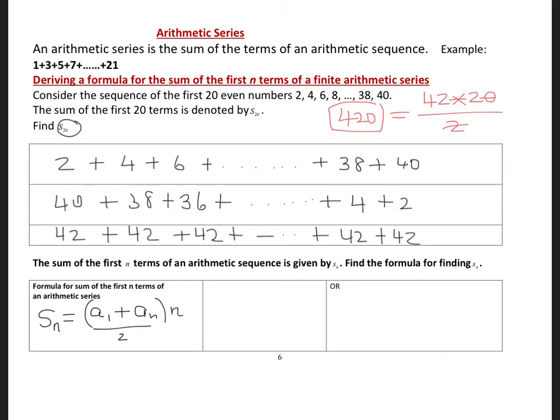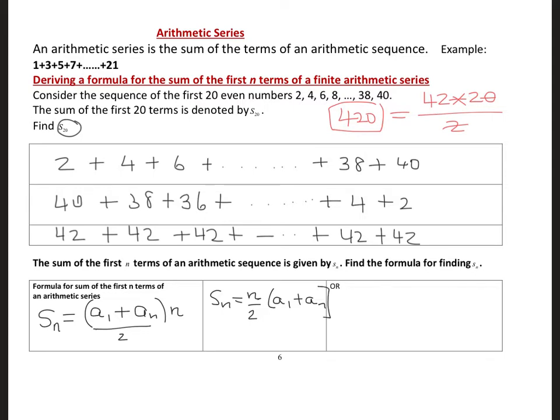Let me simplify this formula. This formula is equal to n over 2, and then the first term plus the last term. So that's the formula right there.